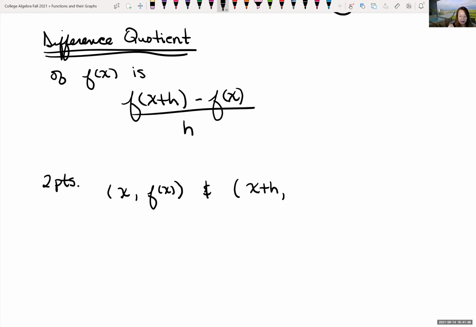Then I know my y value I can represent as f of x plus h. So let's find the slope of the 2 points.